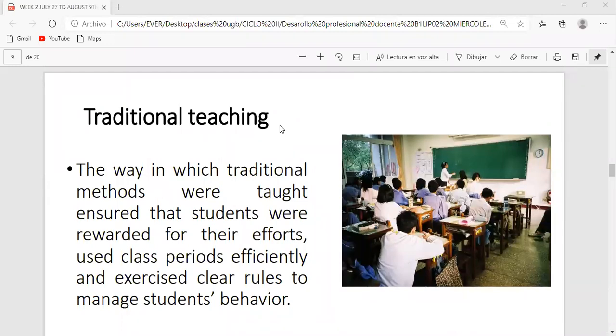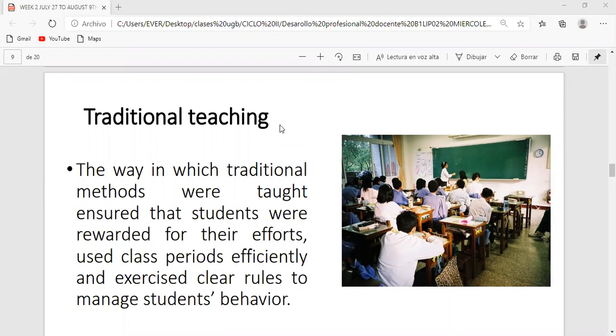They could punish you physically, emotionally, and they were the authority. If you told your parents, you would get double punishment because your parents used to punish you at home, because for them, the teacher was always right. So that was one characteristic of this method.